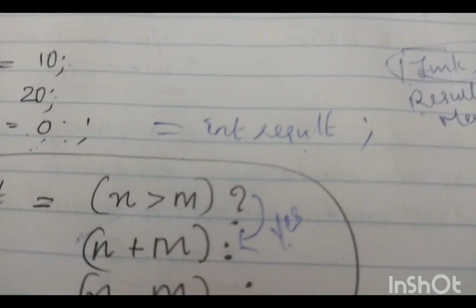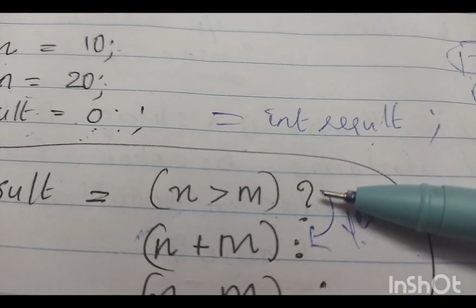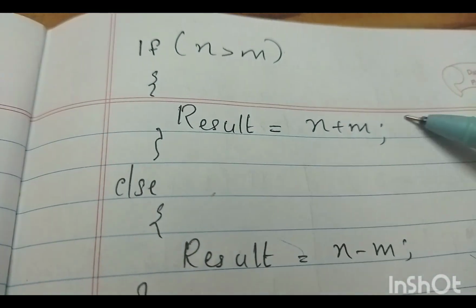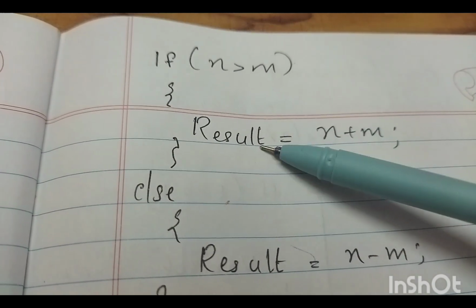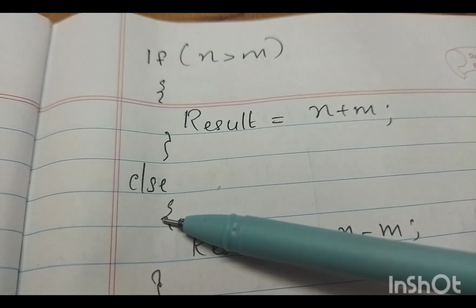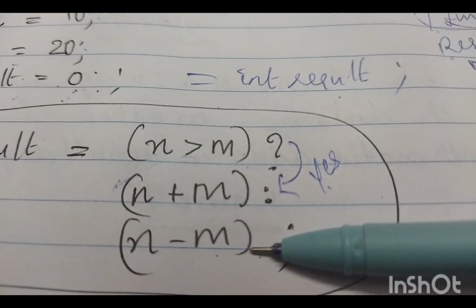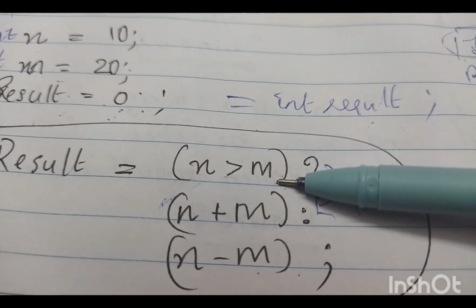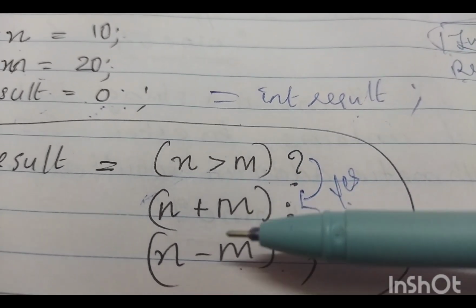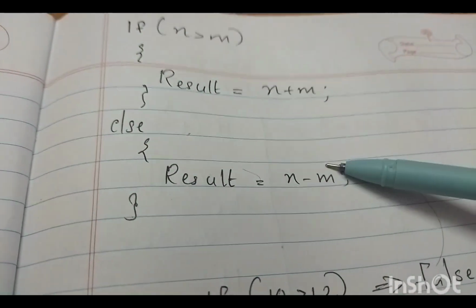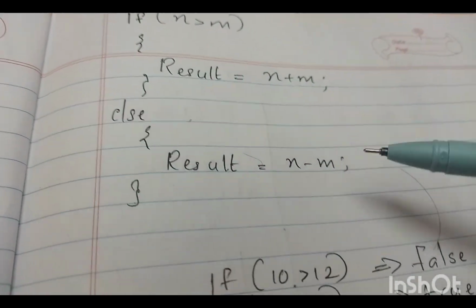If the conditional operator evaluates to true, give the result as n plus m, stored in the integer result. Else, if n greater than m evaluates to false, the result will be n minus m, that is expression 3. So, if n greater than m, n plus m, else n minus m. This is the conditional operation and this is the if-else statement.